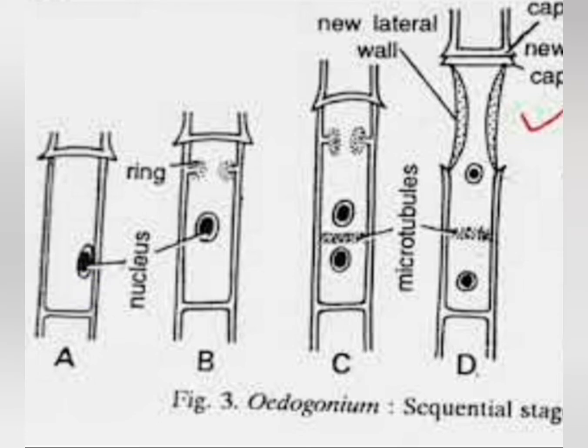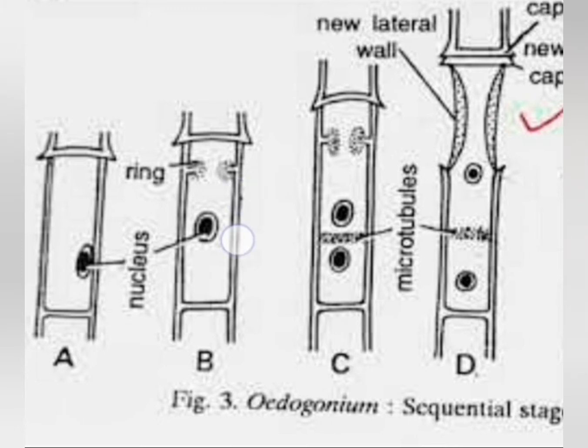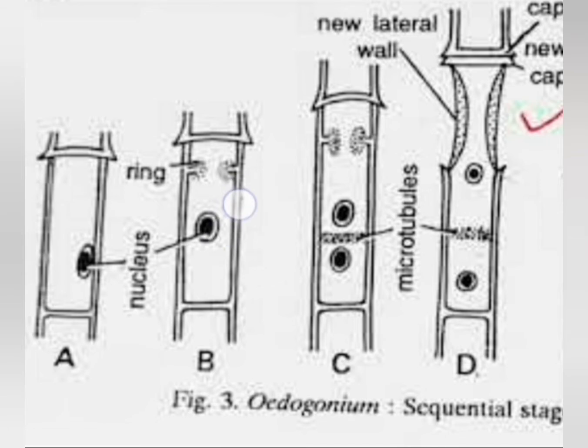During cell division, this nucleus will shift from the periphery towards the center, as you can see in figure B, and slightly towards the upper half of the cell.